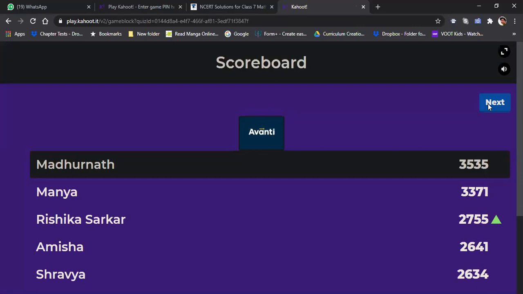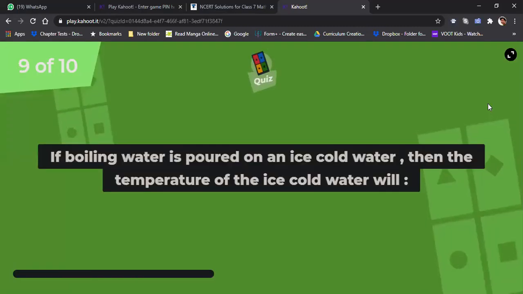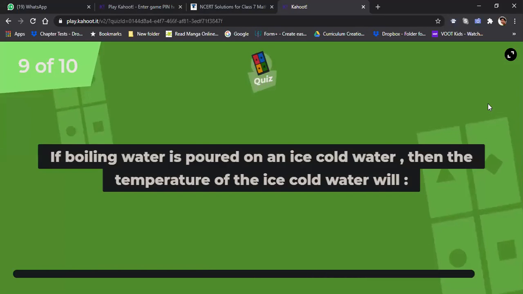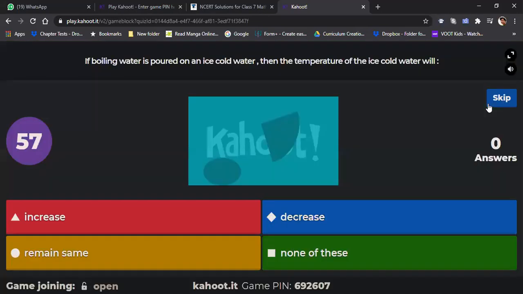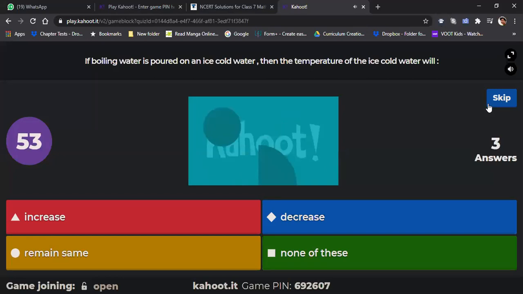Second last problem. If boiling water is poured on ice cold water, the temperature of ice cold water will: option A, increase; option B, decrease; option C, remain same. Very simple problem.